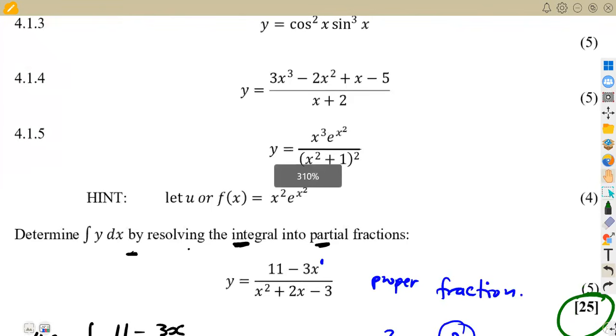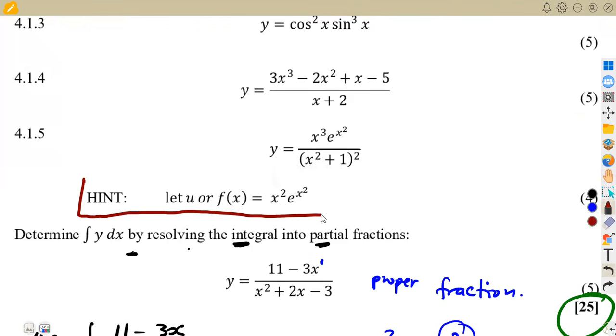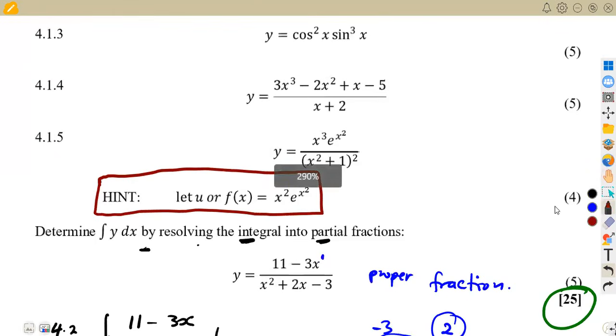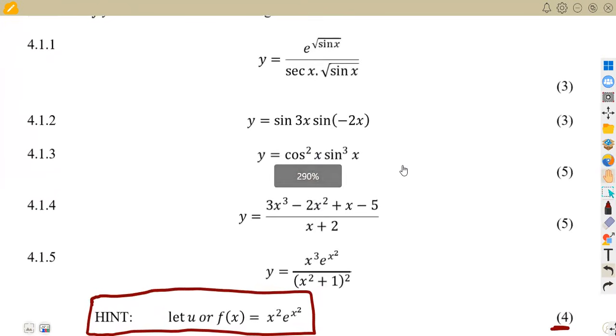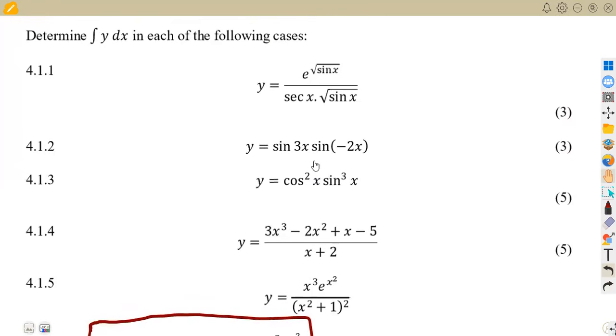Also, this type of question is mostly asked now where they give you a hint. I just hope with time they are going to revise this question so that the calculations and the number of marks will correspond. But for the meantime, these are the calculations you're supposed to make, or the integrals you're supposed to understand in your syllabus.